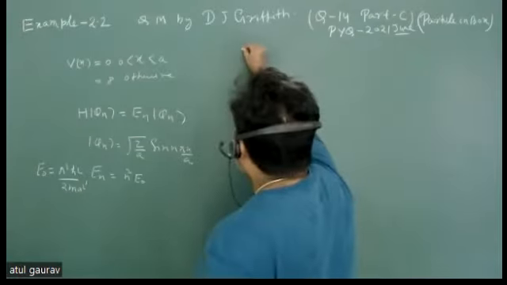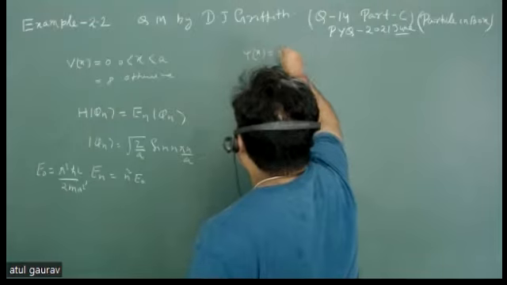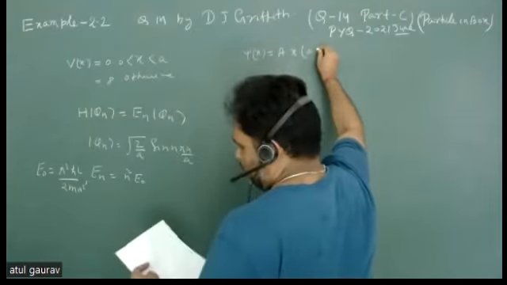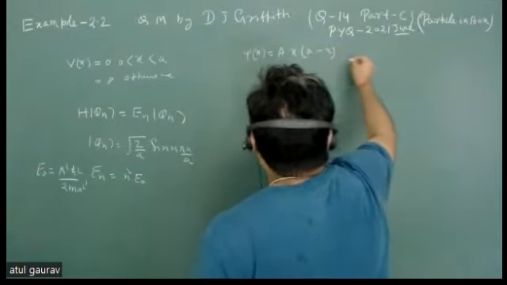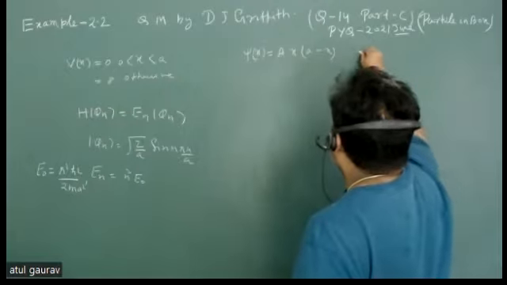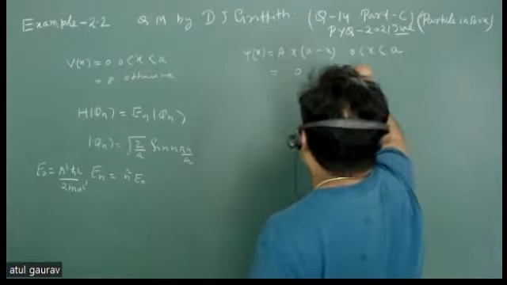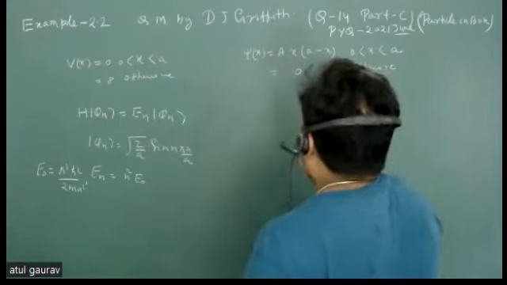It is given that the wave function psi of x is A x times (a minus x) for x between 0 and a, and 0 otherwise. So this is our psi of x.